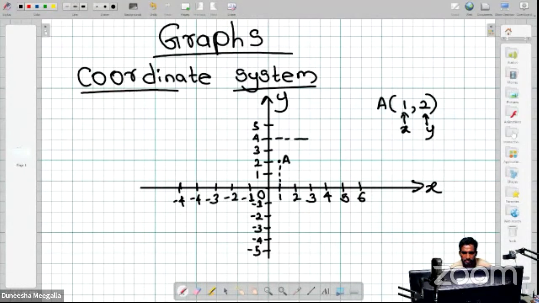Then the other point, when we write it, what is this point? B. What is the point? Who can tell me? What is the coordinate of the point B?